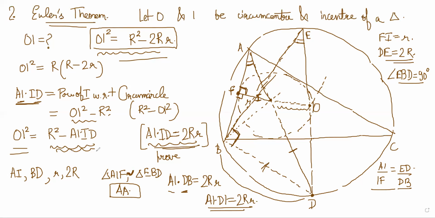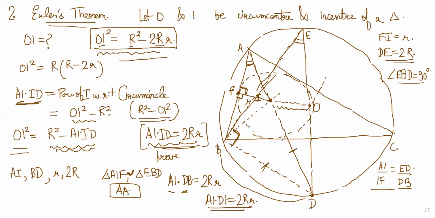So basically, what are the things involved in this proof? First of all, realizing that this OI square looks like power of a point I, somehow. So if I write power of a point I with respect to the big circle, the circumcircle, you'll have to write it as R square minus OI square is equal to your AI into ID, right?